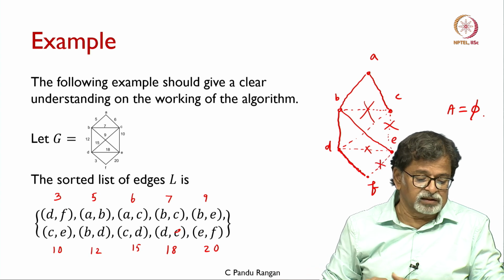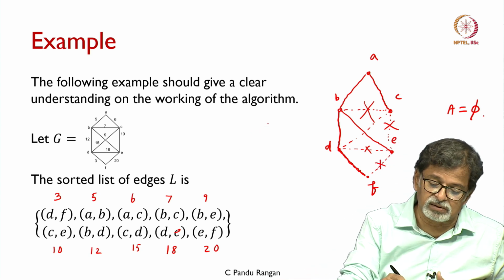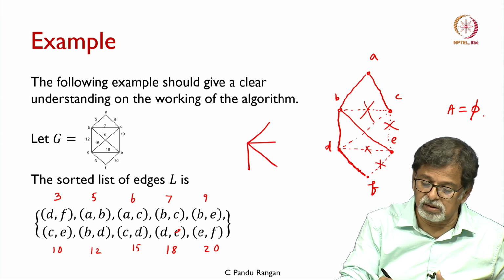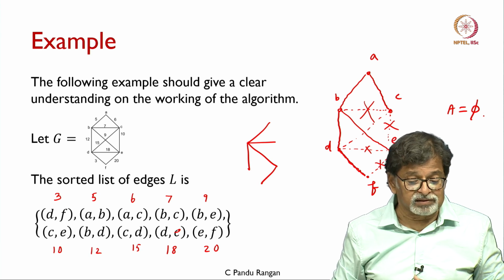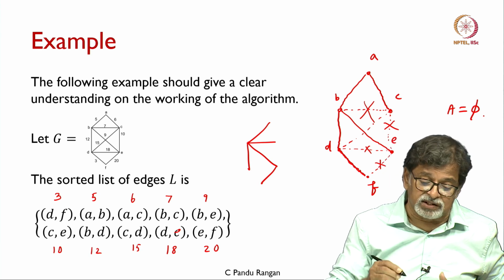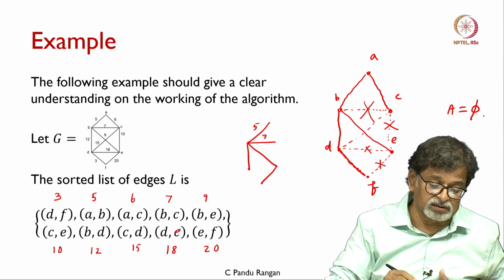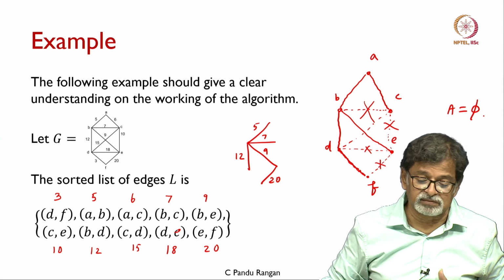considered. Let us consider another spanning tree. Okay. So this is also a tree, connected acyclic structure. These edges which are considered are 5, 7, 12, 9 and 20.